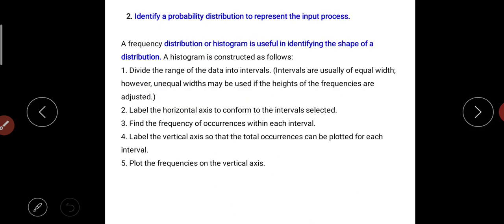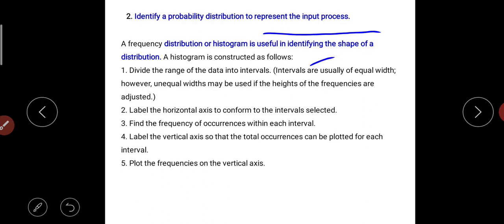The second step is, once the data collection is over and the data is sufficiently available, to identify the probability distribution to represent the input process. Here a frequency distribution or histogram is useful in identifying the shape of the distribution. A histogram can be constructed using the following steps. First, divide the range of the data into intervals.